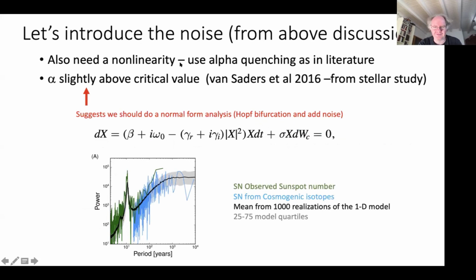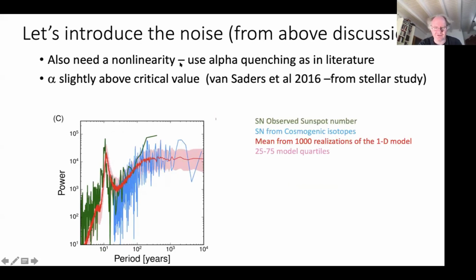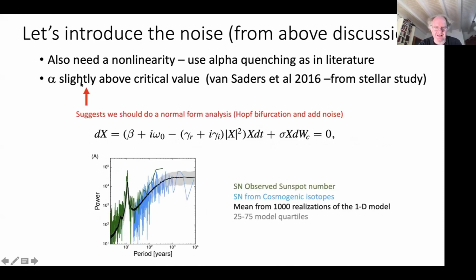So this was the 1D model. I'm now going to quickly switch back to the 0D model, and we can do this because if we're only slightly above the critical value for the onset of the dynamo to form, and we know the form of the dynamo in this type of situation is a Hopf bifurcation, then we consider the behavior as being governed by a Hopf bifurcation with noise.